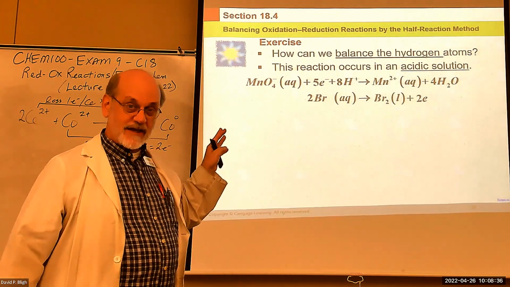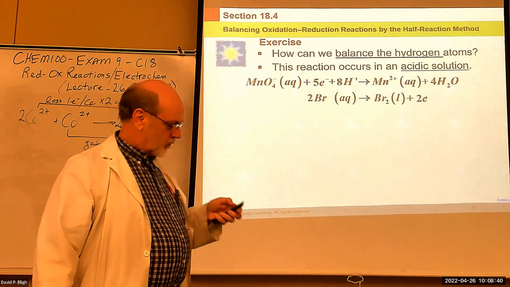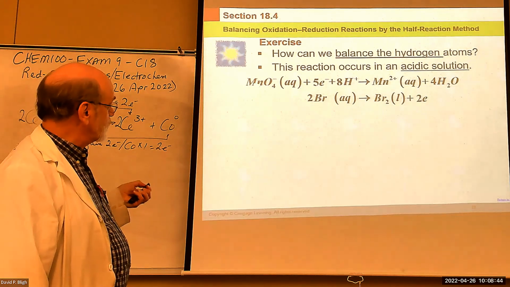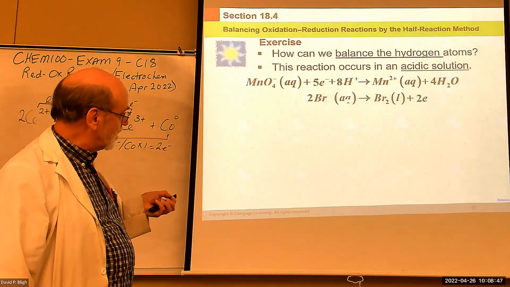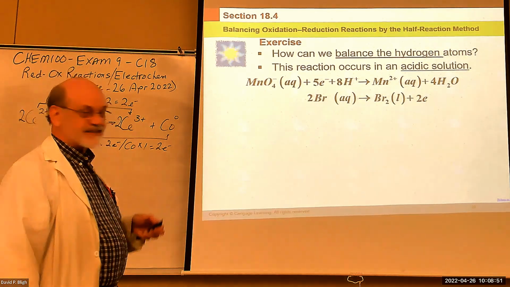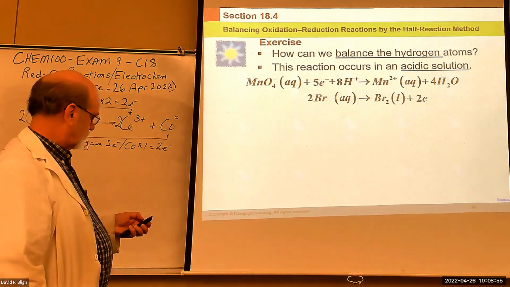So when you have a situation like this, the best way to deal with it is cross multiply. What I mean by that is this one's 2, so we multiply this one by 2, this one's 5, we multiply that one by 5. And that'll give us 10 electrons total in each equation.